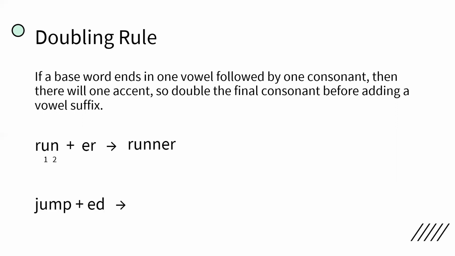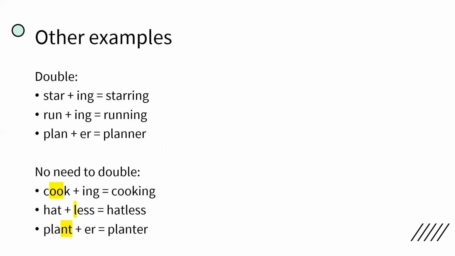Let's say we had the base word jump. We're going to start counting with this one. We start at our vowel, 1, 2, 3, no double. The derivative would be jumped. There's no need to double anything because those two consonants are ensuring that that vowel preserves its short sound in that base word.